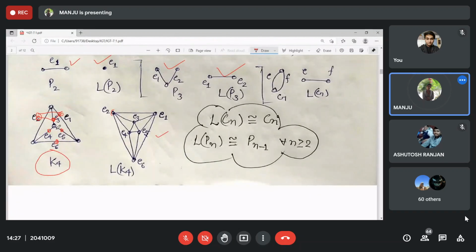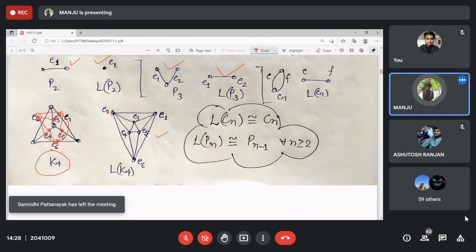So I can take it a little bit over here. This one, and triangle formation. Now these three edges having the common vertex, this one, so these 3 points will form a triangle. This one, and this one, right? Now these three edges E3, E5, E4 also have a common point.